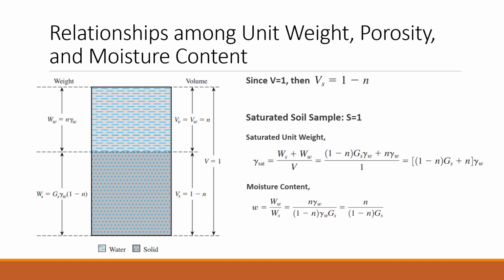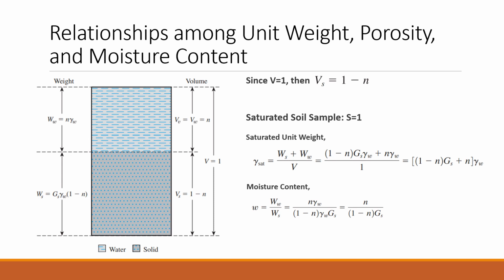So we know that moisture content is equal to the weight of water over the weight of solid. So substituting the formula for our weight of water, and then the weight of solid, and simplifying that, we will come up with the equation for our moisture content in terms of porosity, which is now equal to n over 1 minus n times specific gravity.